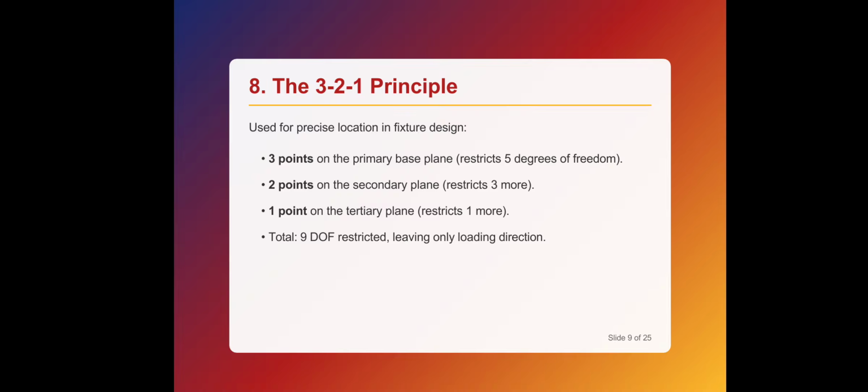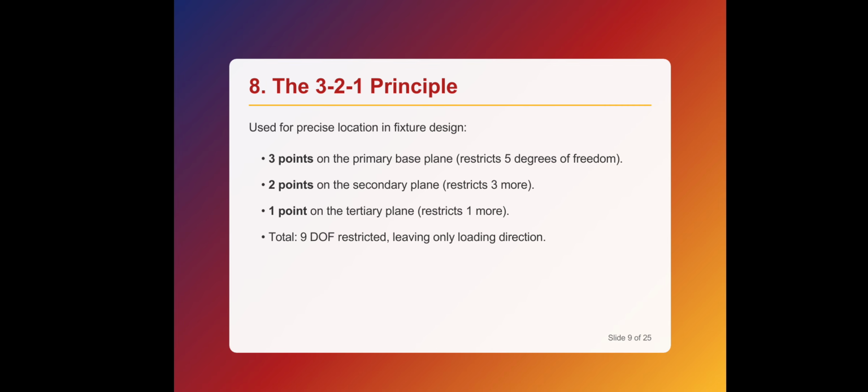So the next one is the 3-2-1 principle, as we studied earlier in the first unit, Introduction to Process Planning. Also, we can study the 3-2-1 principle used for precise location in fixture design. The 3 points on the primary base plane restrict 5 degrees of freedom.